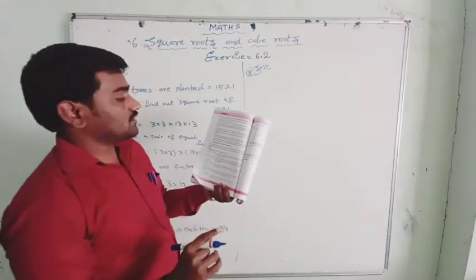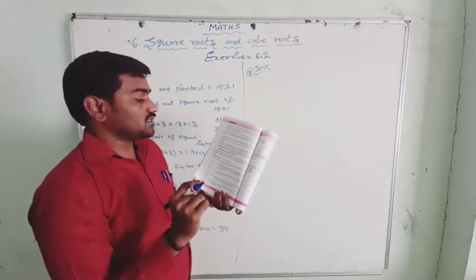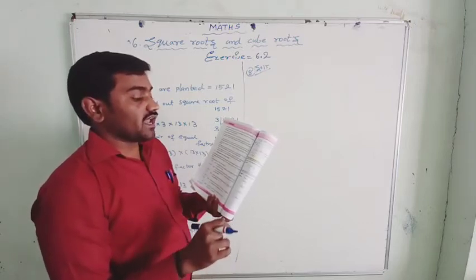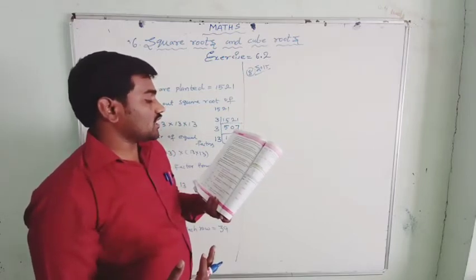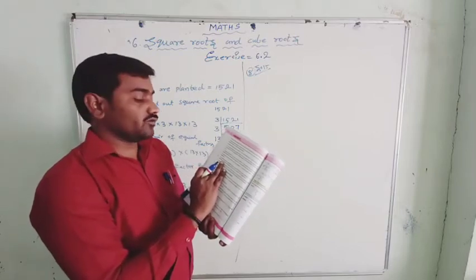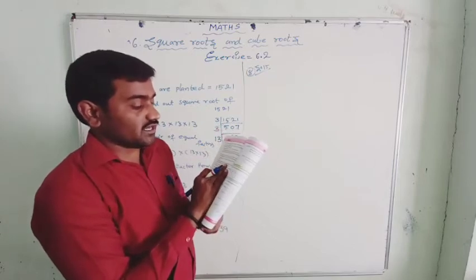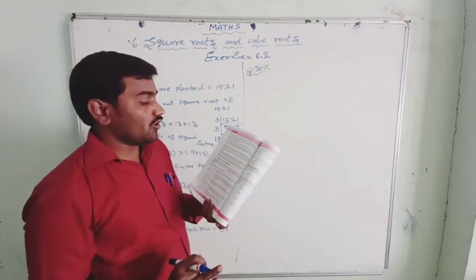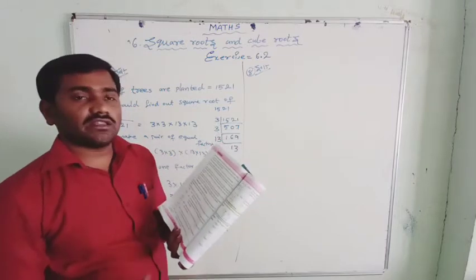See that eighth one first. 7,921 soldiers are seated in the auditorium in such a way that there are as many soldiers in a row as there are rows in the auditorium. How many rows are there in the auditorium?